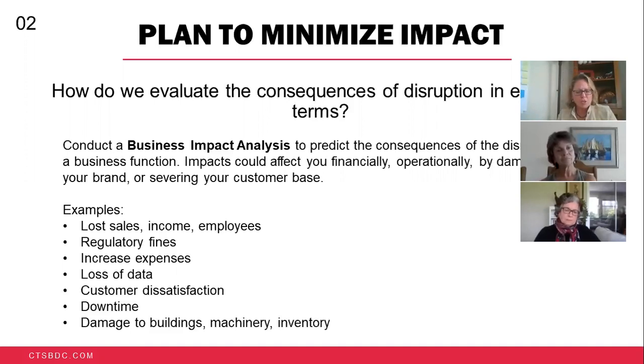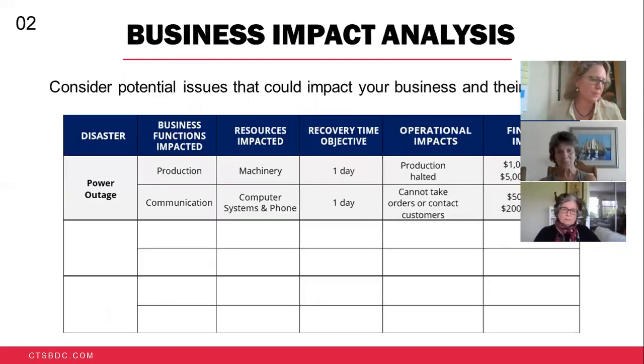I want to touch on some other business impact analysis. These are some examples, and those are pieces and parts of bigger ones. If you can go to the next slide, this is going to be a fillable sheet for you. As you can see on the far left, you put the disaster.